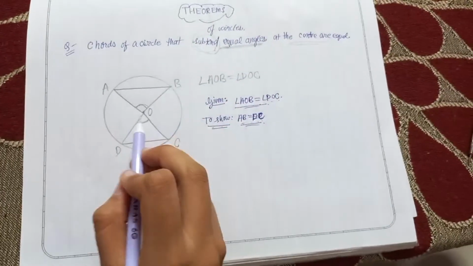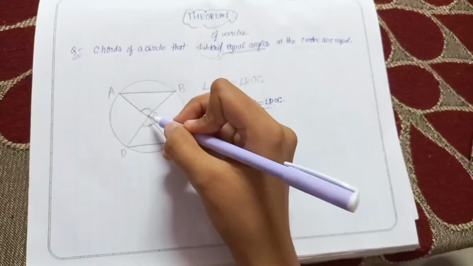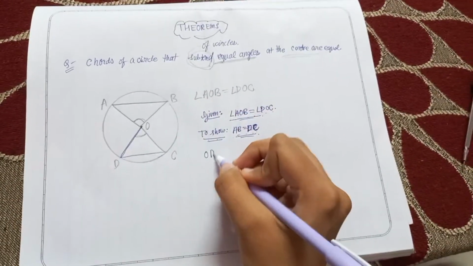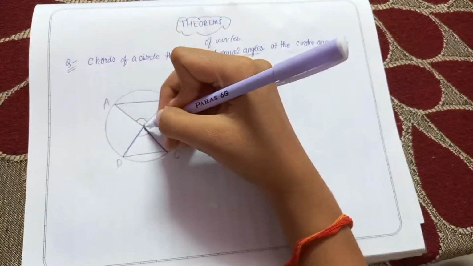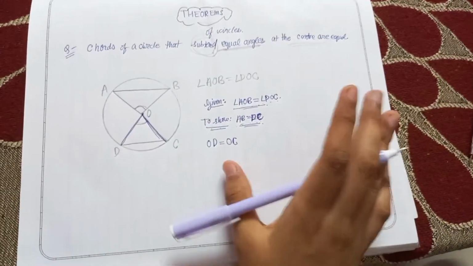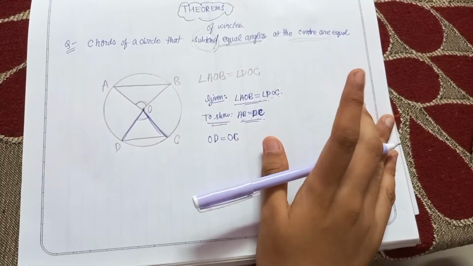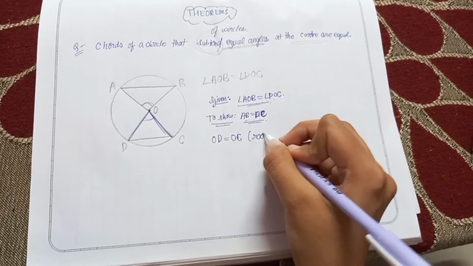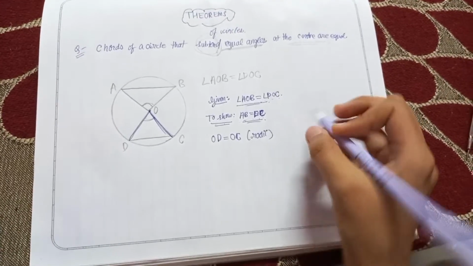Now how to prove this? We can see that there is center O and radii are forming from here. This is one radius OD and this is the second radius OC. So we can say OD is equal to OC because all the radii in a circle are of equal length. Reason: they are radii.